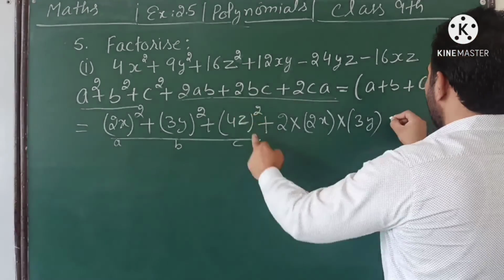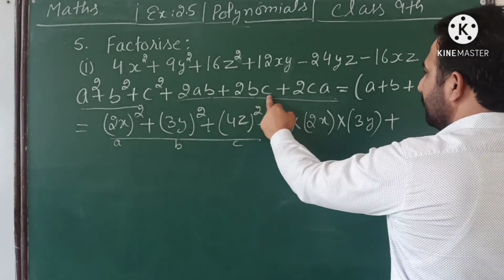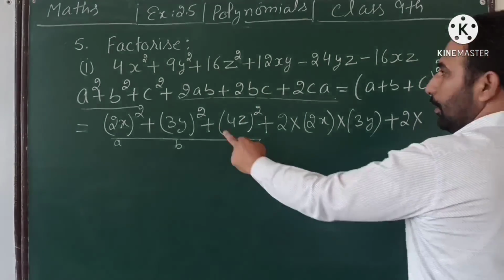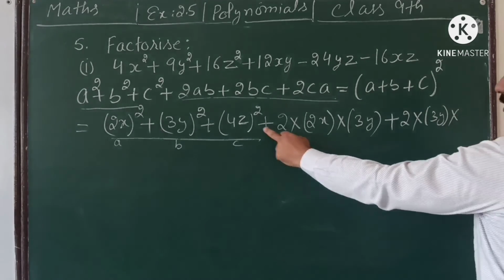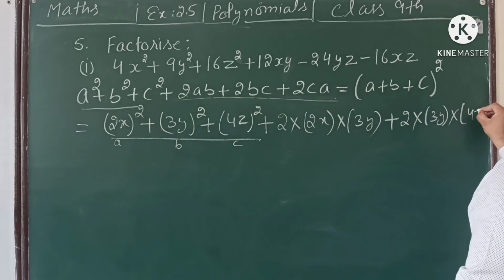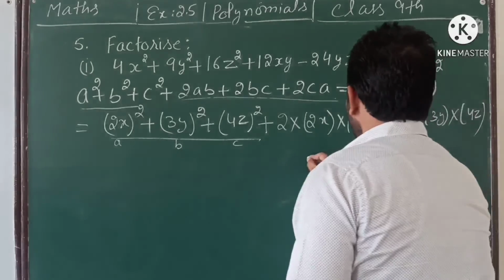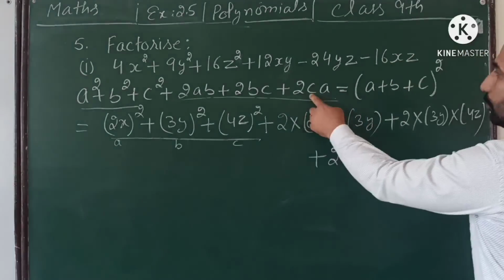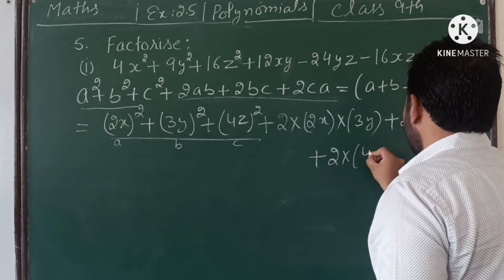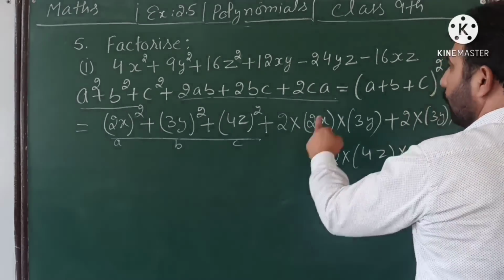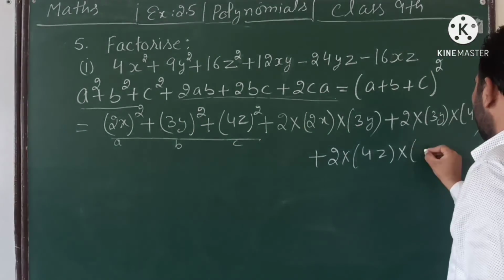Then plus 2bc. 2, the value of b is 3y, the value of c is 4z. Plus 2ca. 2ca, c is 4z and the value of a is 2x.